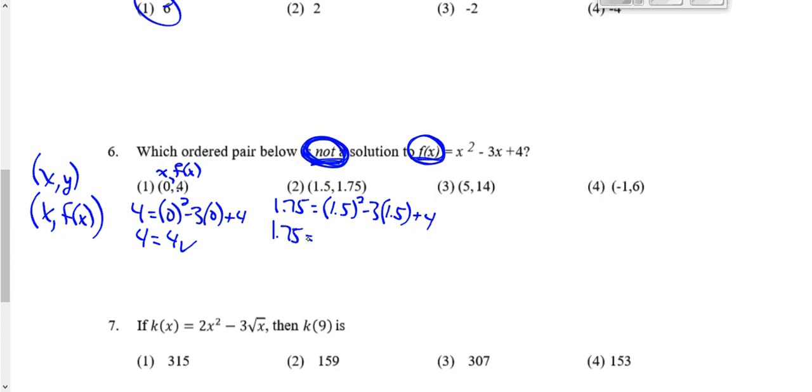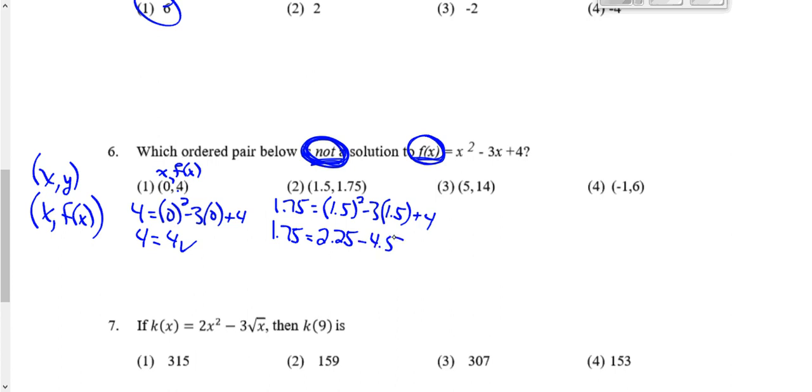What's 1.5 squared, guys? 2.25 minus what? Negative, what is it? Oh, you said 4.5. No, you mean negative 4? Or negative 4.5?